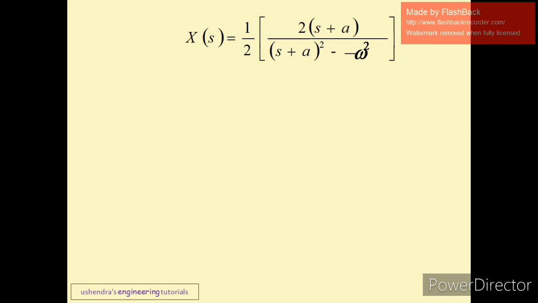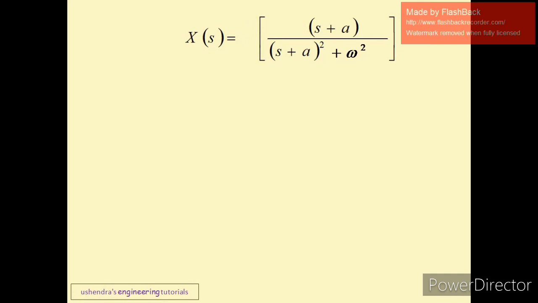We had a negative over here previously, and this negative gets cancelled, negative into negative becomes positive. And we have 2 in the numerator and 2 in the denominator, that also gets cancelled.